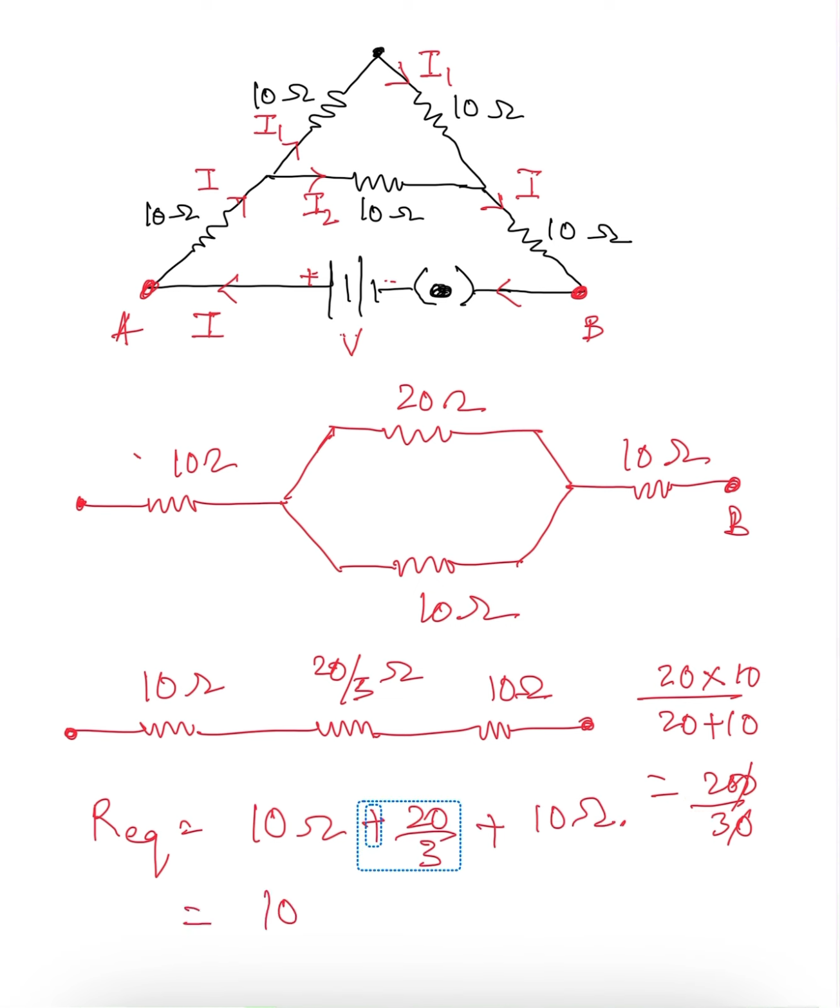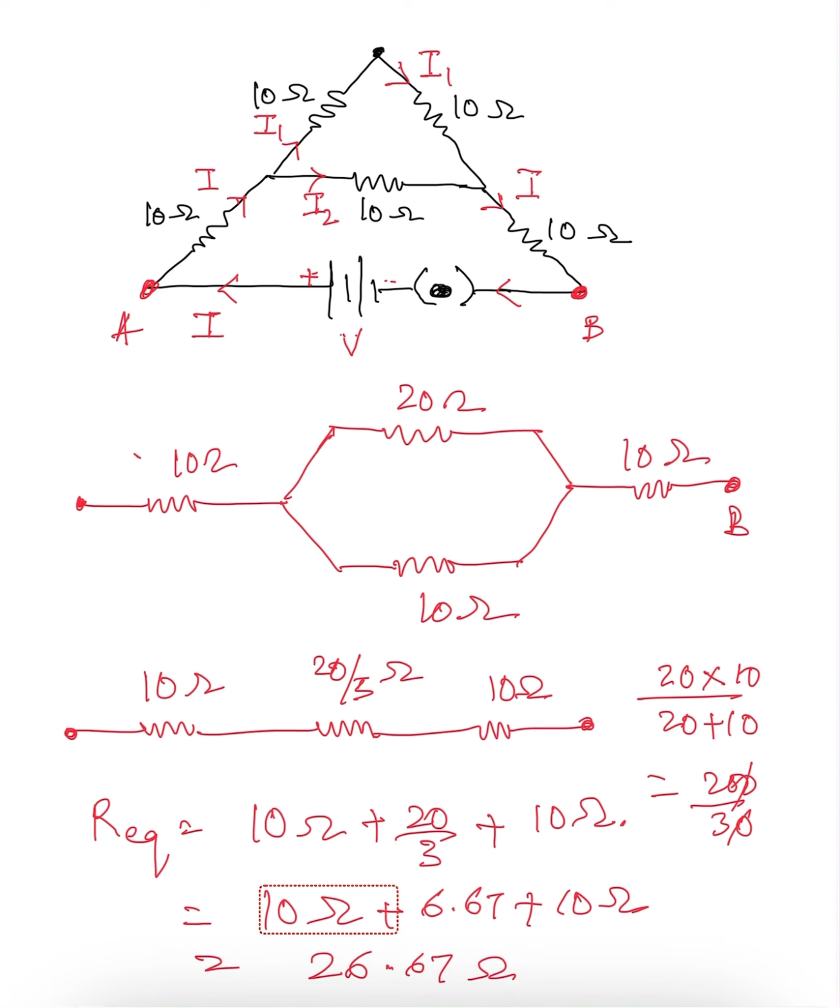You can take the LCM and solve it together, or you can simply solve it like this. We know that 20 upon 3 is 6.67, plus 10 ohm plus 10 ohm, that will give us 26.67 ohm. So this should be our answer.